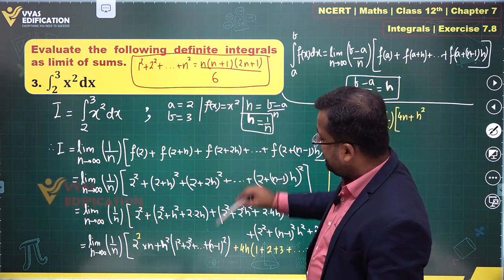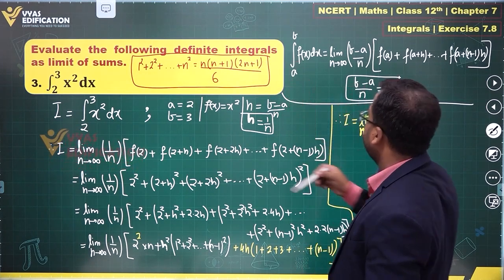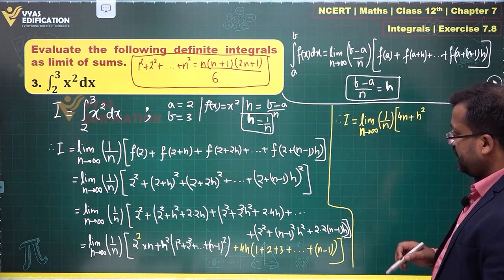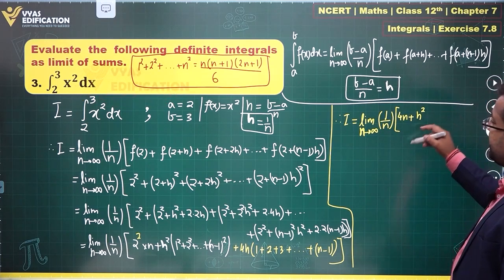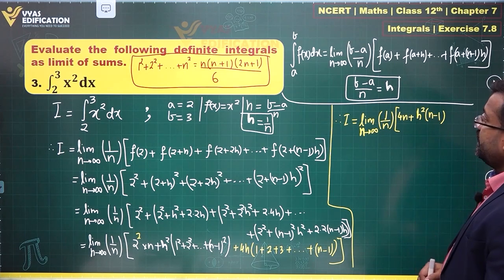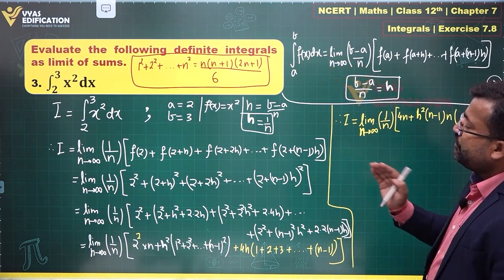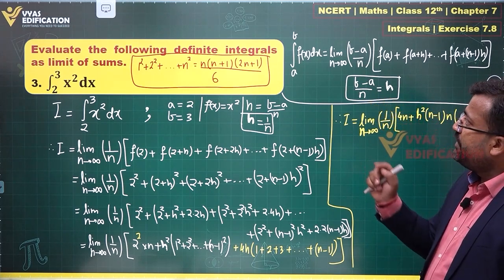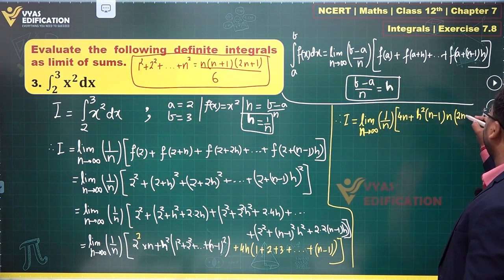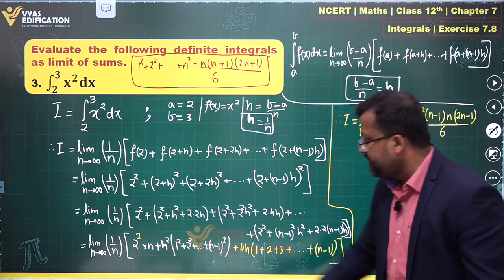So n will be replaced with n minus 1. This will become n minus 1 plus 1, 2 times n minus 1 plus 1 is what I get over there. So along with h square you get n minus 1. Then you get n minus 1 plus 1, which is n. Then you get 2 times n minus 1, 2n minus 2 plus 1, which is 2n minus 1 upon 6. That's the second term. This term has been simplified over here.